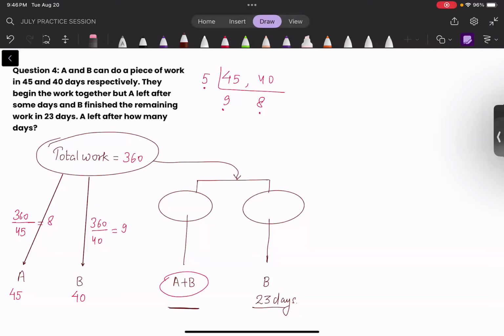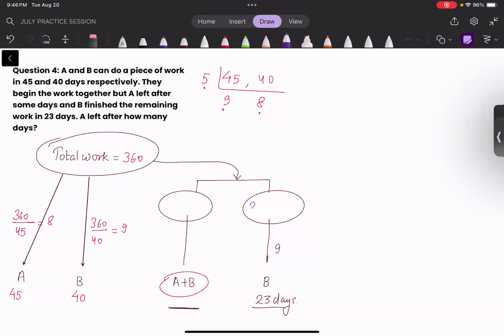Okay. What is the 1 day work of B? 9. How much work will he complete in 23 days? 207.